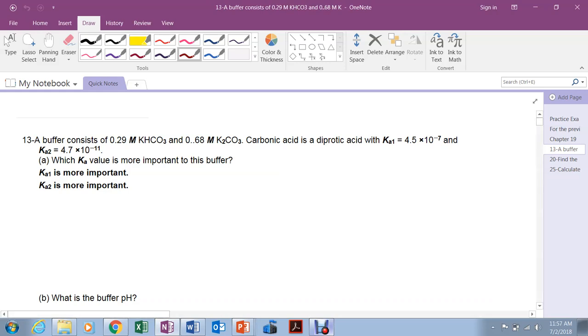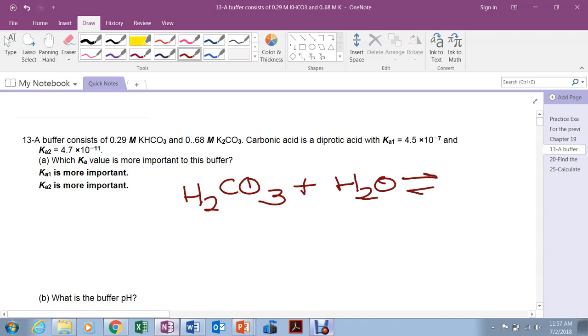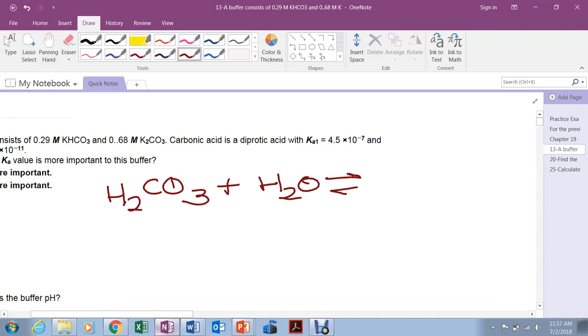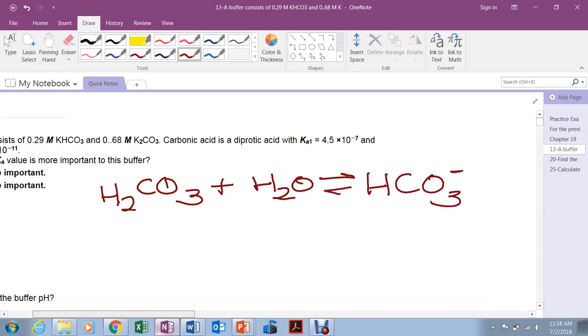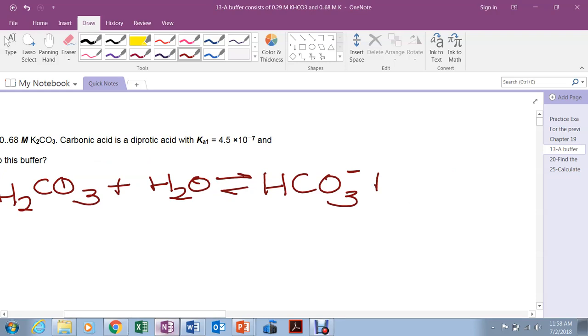And basically what we have is diprotic acid, which is the carbonic acid, H2CO3. Write the ionization equation: H2CO3 plus water gives me HCO3 negative 1 plus the hydronium.